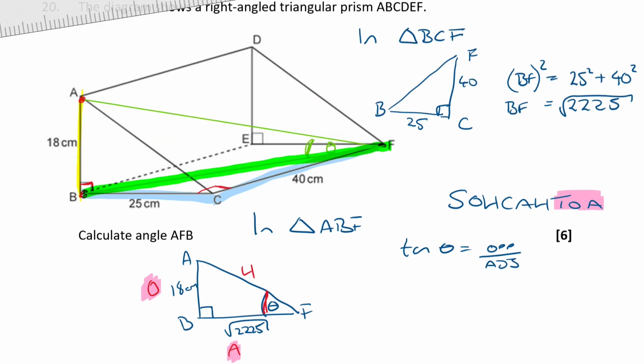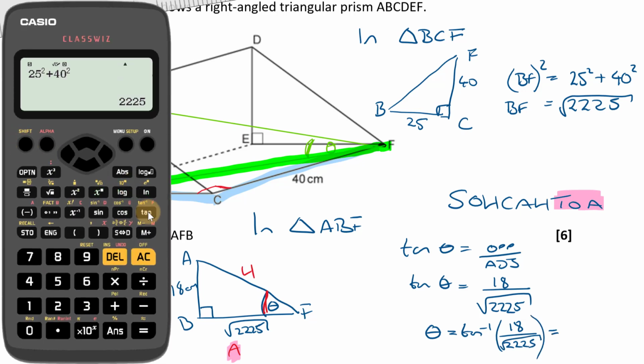Substitute in, so tan theta is equal to 18 over the root of 2225. So then theta is going to be the inverse tangent of that then, isn't it? So theta is going to be tan to the minus 1, 18 over 2225 rooted.